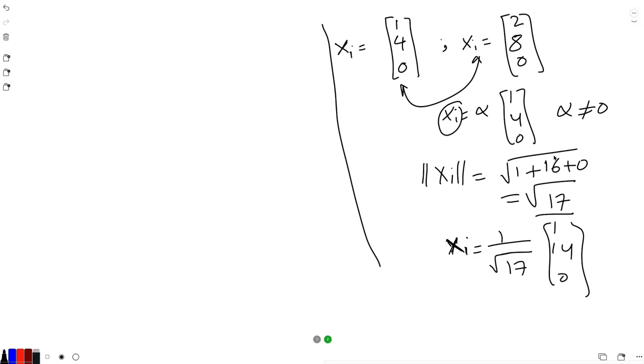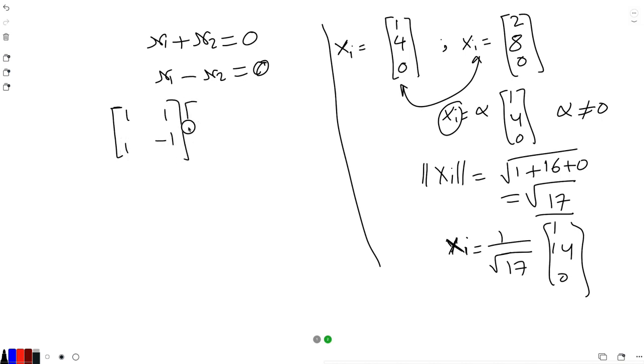For example, let's say x1 plus x2 equals 0, and x1 minus x2 equals 0. We can put this in matrix form: 1, 1 and 1, minus 1, times x1, x2, equals 0, 0.